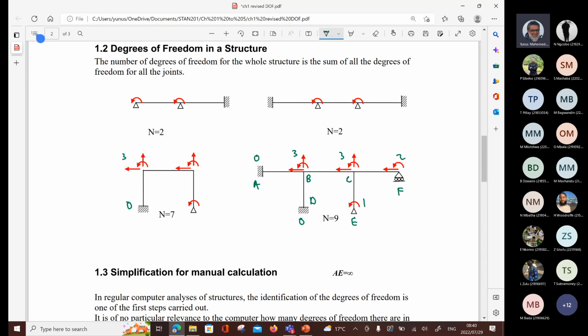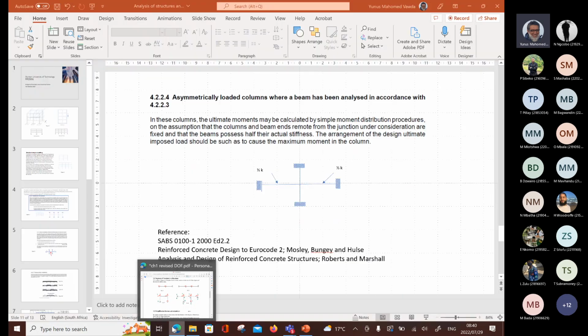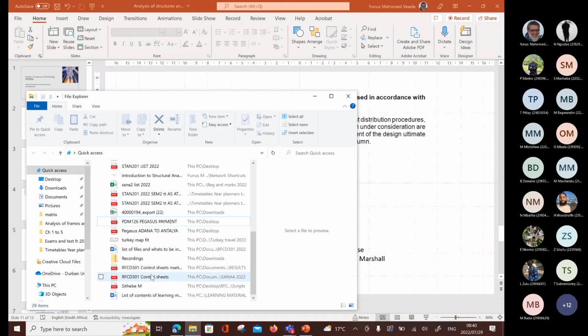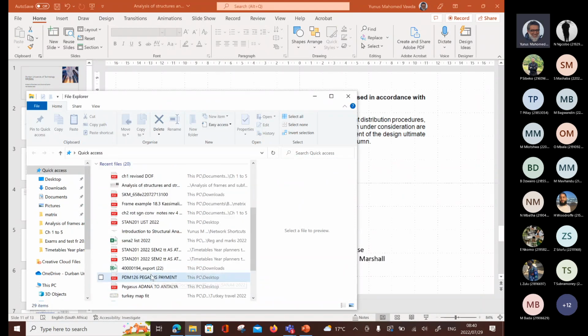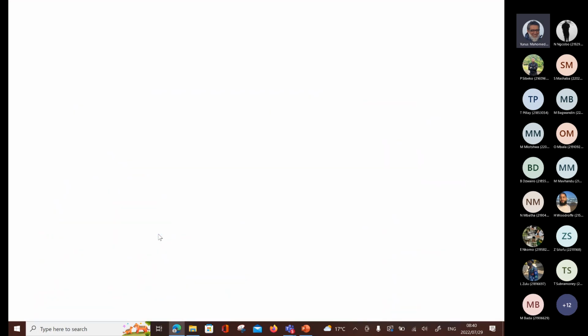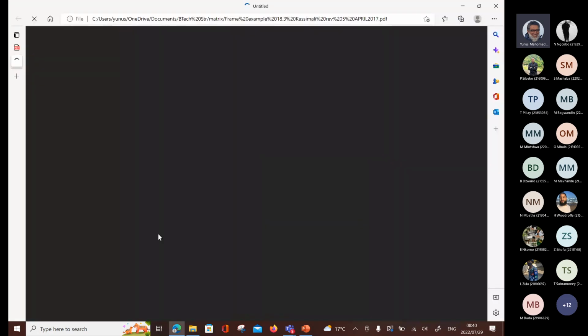Okay, now that means on the computer, and I was showing some of the students yesterday. When we had the old diploma and we had the BTech, in the BTech students did matrix methods.